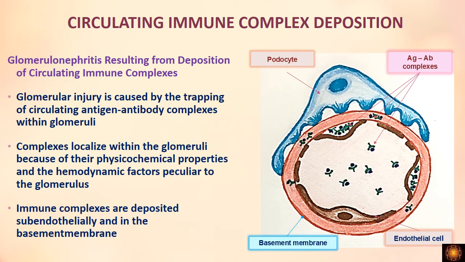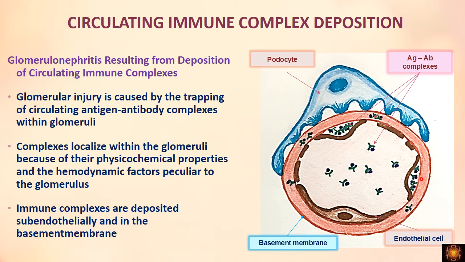Now that was about the fixed intrinsic tissue antigens and planted antigens, that is in situ immune complex. The next one was about the circulating immune complex deposition. Now in this, the immune complexes are present within the circulation. So antigen antibody complexes are formed somewhere else. They are present in the circulation, but as they reach the glomeruli, they are trapped in the glomeruli.